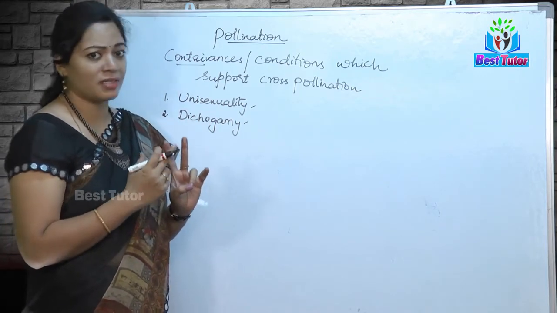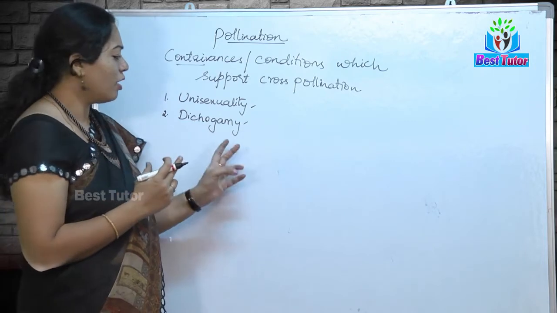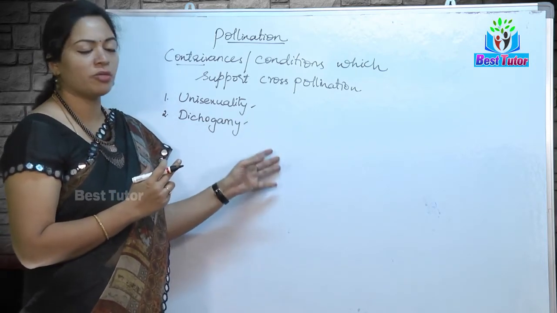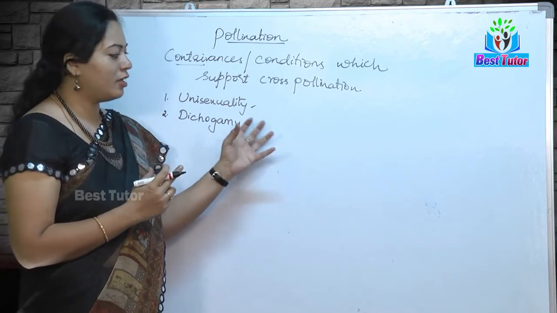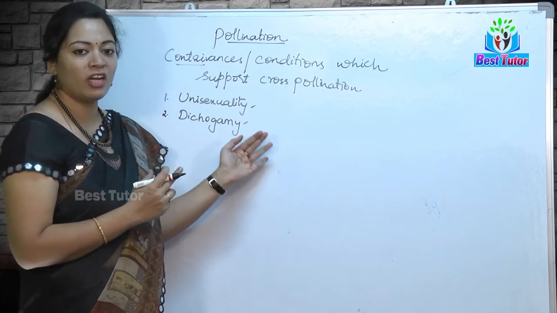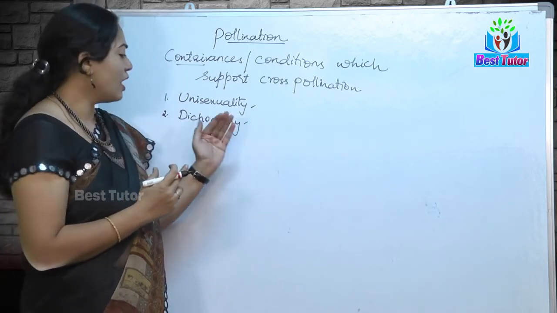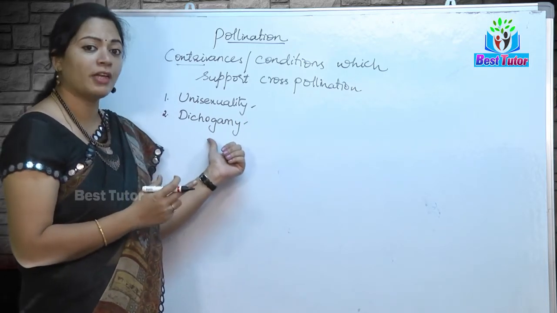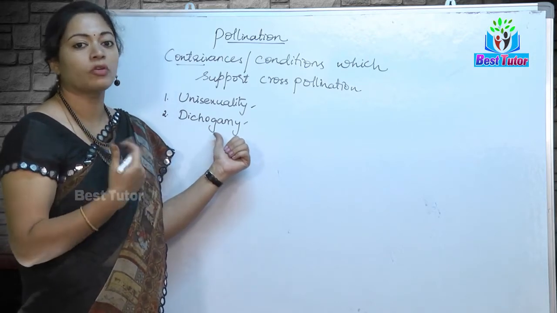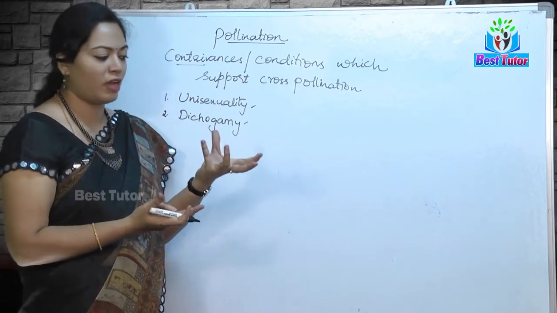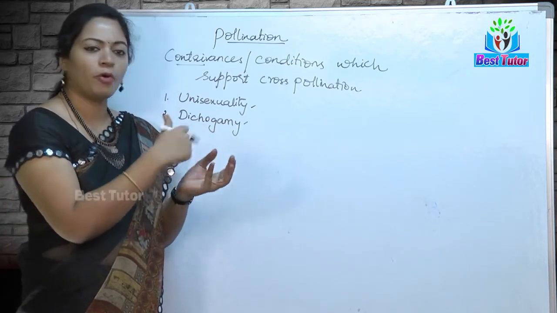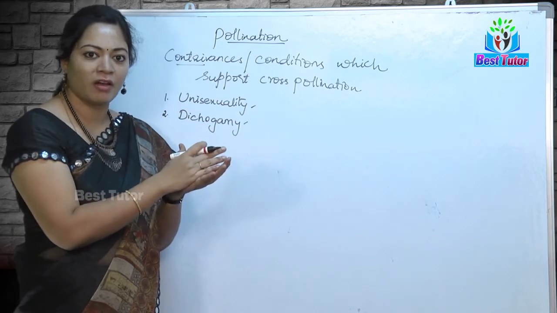If both of them get matured at the same time, meaning androecium has produced pollen grains and the ovary is matured enough to receive the pollen grains, then there is no need for them to go for cross pollination. If it is a bisexual flower, with both androecium and gynoecium matured at the same time, then the pollination can occur within the same flower, right?